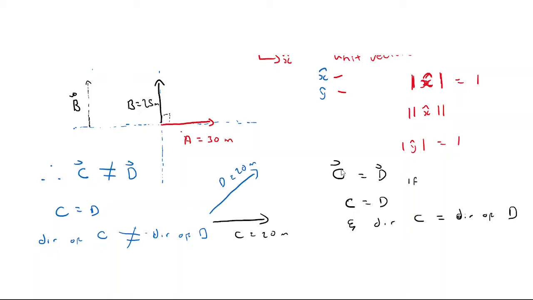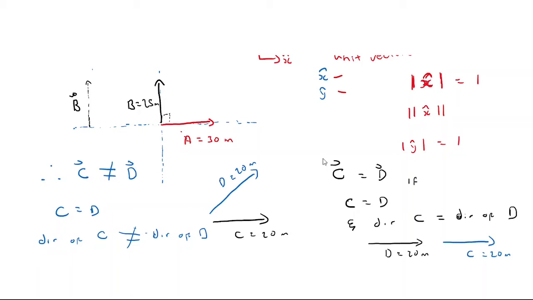But in the case where they are equal, I have vector C going that way, and vector C is 20 meters. Then let me say I have vector D, which is also pointing that way and is also 20 meters. Then these two vectors are the same.